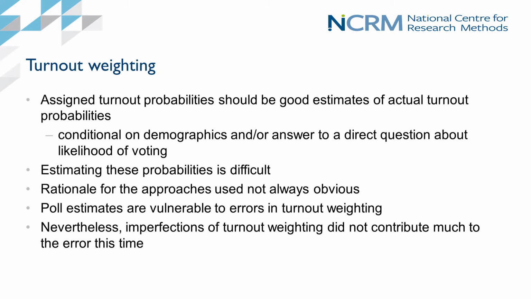Turnout weighting, point 2 in the middle. Remember, this was the step which required the assumption that the assigned turnout probabilities that were used were actually good estimates of the real turnout probabilities for those individuals, conditional on the right kinds of variables. There's a theoretical argument about what those right kinds of variables ought to be, but what was actually used by the companies varied a little bit.